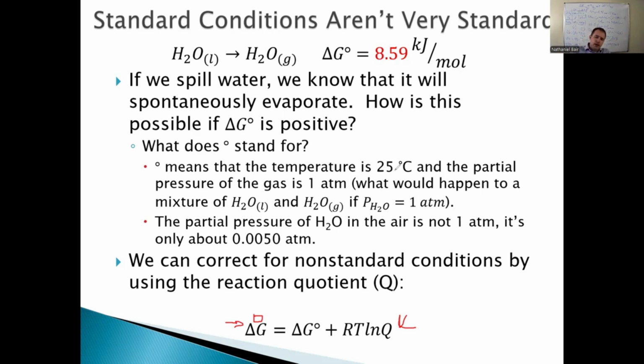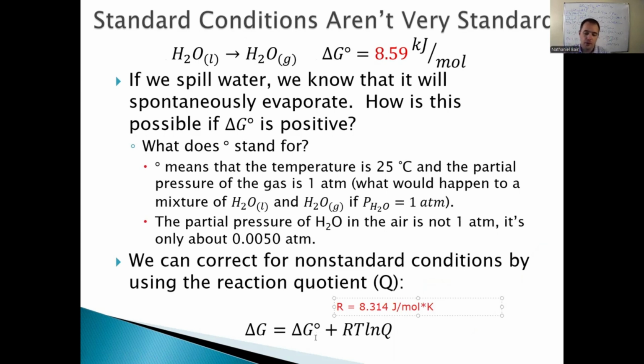So you have to write the mass action expression. Remember, pure liquids and pure solids don't go in. And we can plug the concentrations or the partial pressures in there. And then R is the universal gas constant, but it is the 8.314 R. So I'll type that out for you. R equals 8.314 joules per mole times Kelvin, so your temperatures have to be in Kelvin.